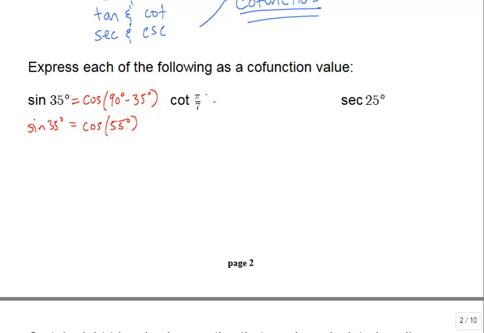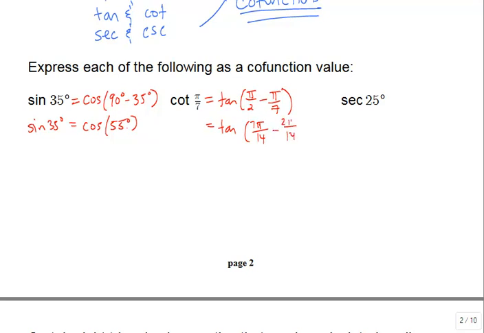Now if we look at the next example here, this is obviously in radians because we see that pi over 7. So if we're going to use the cofunction for cotangent, which is tangent, I want to use pi over 2 minus this pi over 7 to get the complementary angle. And if you get a common denominator here of 14, this would be 7 pi over 14, which is equivalent to pi over 2.